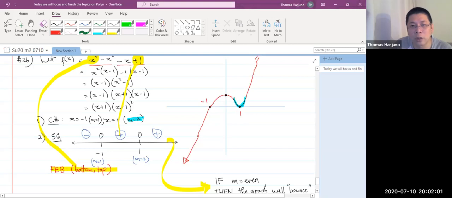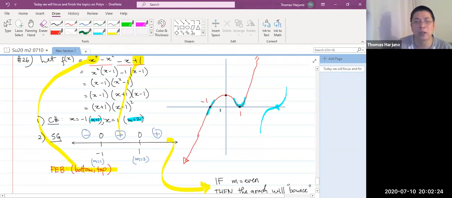While at -1 here, it behaves linearly because it's the degree of 1. So later on, if you have a zero with multiplicity 3, then it will behave like an x cubed when you cross the x-axis there.